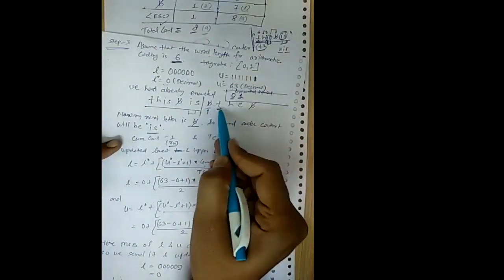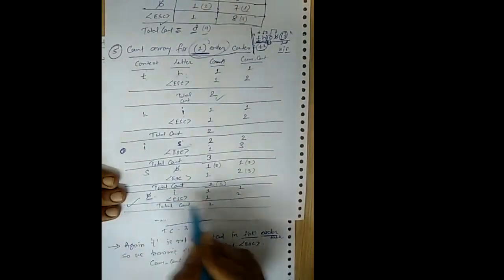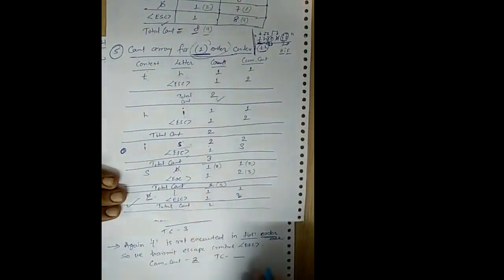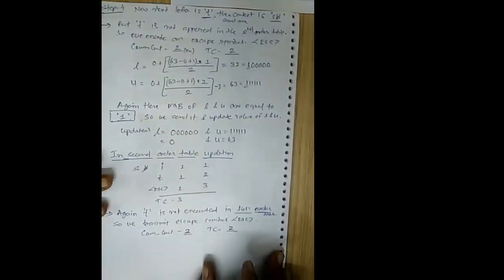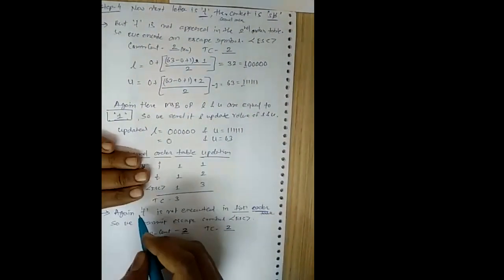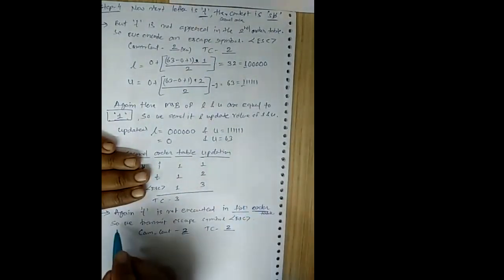B space होगा, सॉरी। सो हेंस B space कम ओवर हियर। अब B space के अंदर एस्केप सीक्वेंस के लिए मेरे काउंट क्यूमुलेटिव काउंट क्या है? तो इट इज 2। एंड व्हाट इज माय टोटल काउंट? सो दैट इज अगेन गिव मी 2। Okay, but that is my bad. Over here you can see again T is not encountered in my first order table.